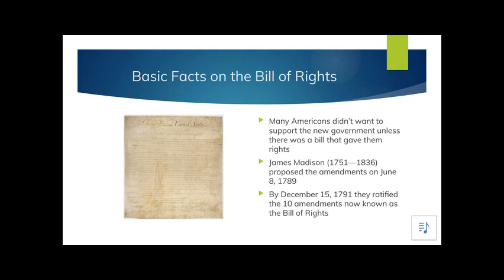However, many Americans who were essentially first generation Europeans didn't want the same mistakes to happen all over again. So they made sure to tell their delegates, their representatives in each state, hey, we want some type of bill that gives us rights to ensure that we're being protected. So James Madison went ahead and proposed to Congress 12 amendments on June 8th, 1789.